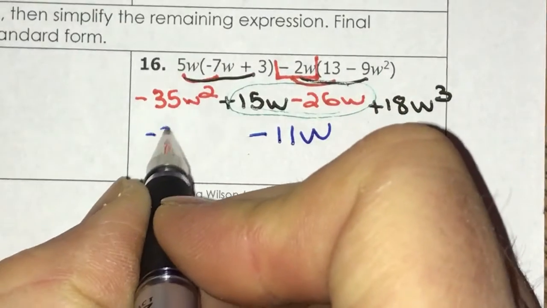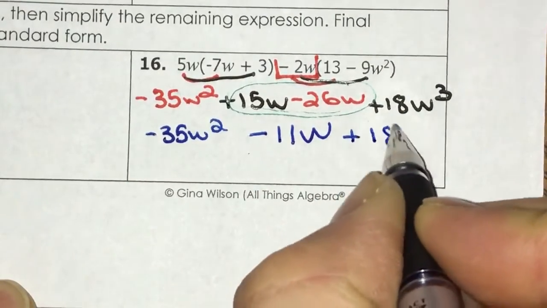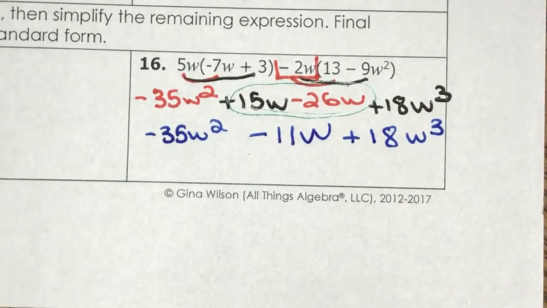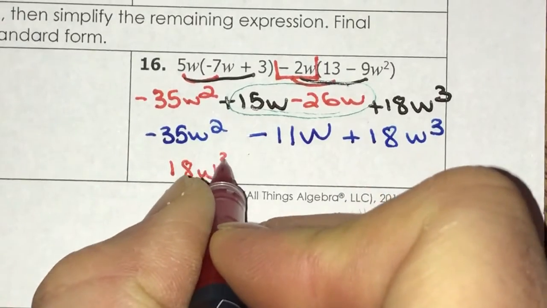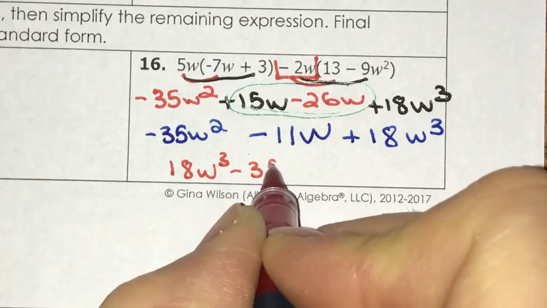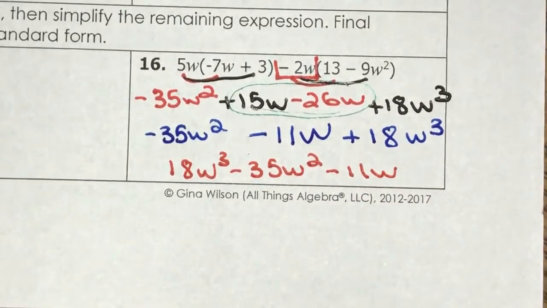You still have negative 35w squared plus 18w cubed. But I'm still not done because it needs to be written in standard form. Highest exponent first. And remember your signs travel with you. So this is positive 18, so 18w cubed. Negative 35w squared. And negative 11w. That's finished.